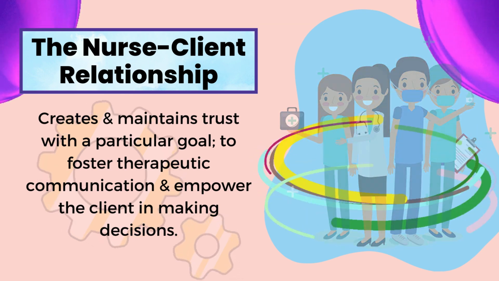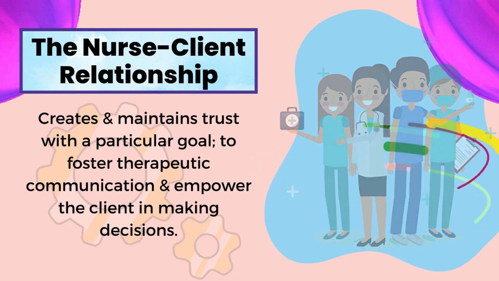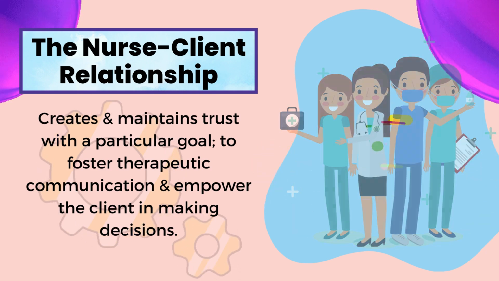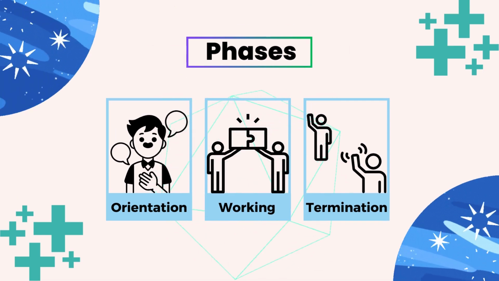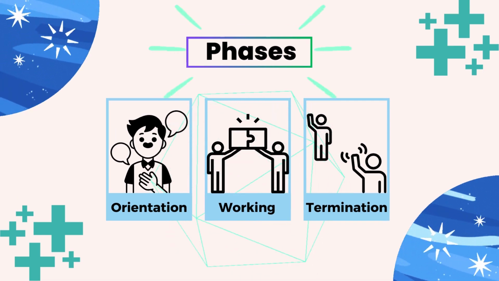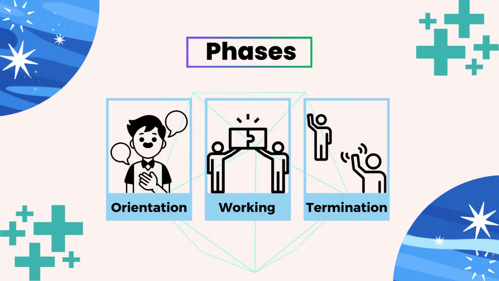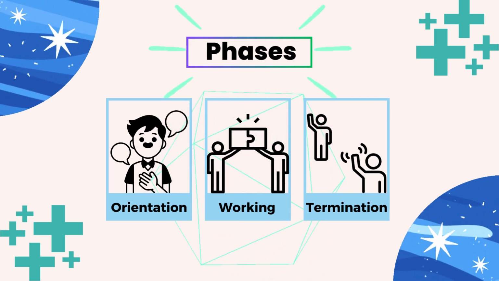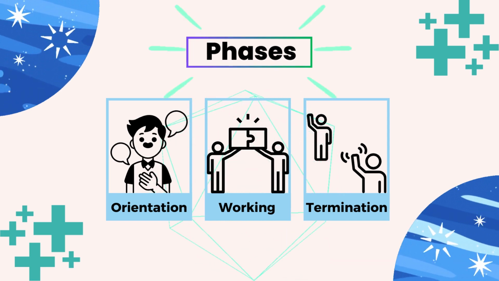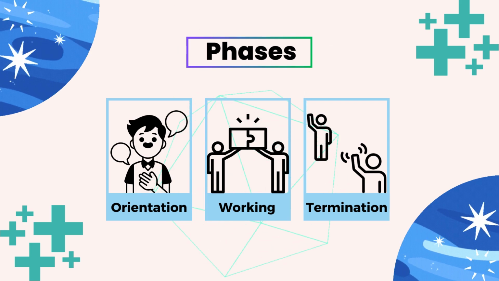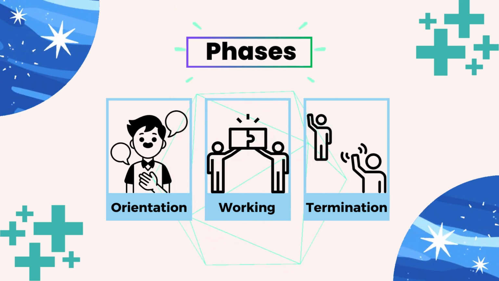Your positive nurse-client relationship is going to be the basis for all of the care that you provide. The nurse-client relationship goes through phases, and a common framework for the first phase, the orientation phase, is AIDET. So take a look at that and then move through the rest of the orientation phase, then into the working phase and the termination phase.